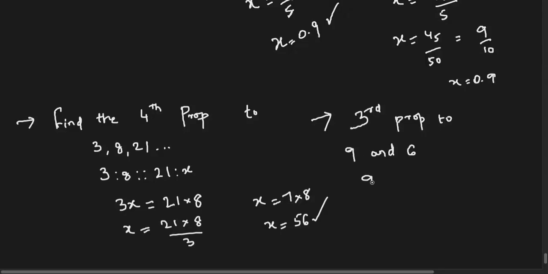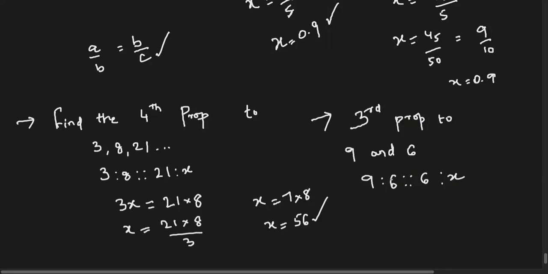Here it means 9 is to 6 as 6 is to x. Got it? I told you, because continuous terms are there. A by B equals B by C. So C is our fourth term, but we call it the third proportional because B and B are the same. So 1, 2, 3. C is the third proportional.